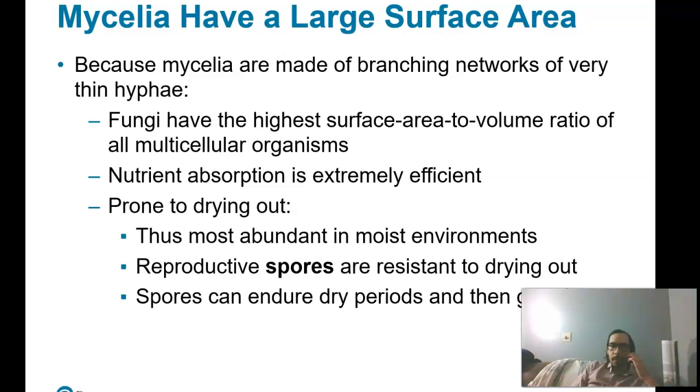As an adaptation to drying out, fungi use reproductive spores that are resistant to drying out. That allows them to reproduce, and the spore can go long periods without drying out, okay, before they germinate.